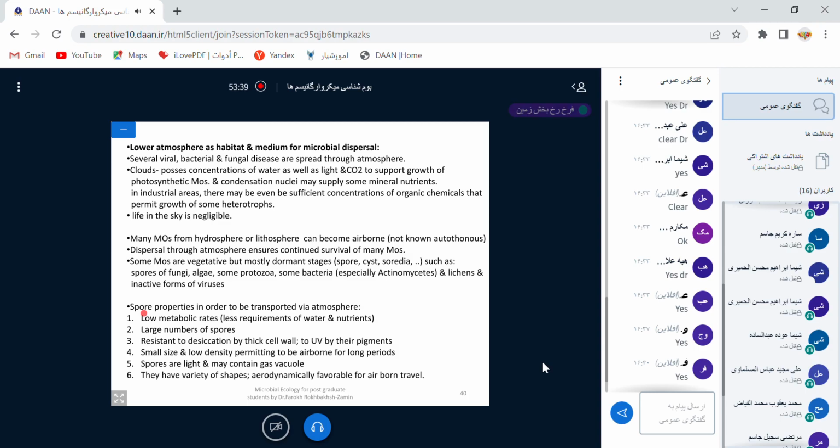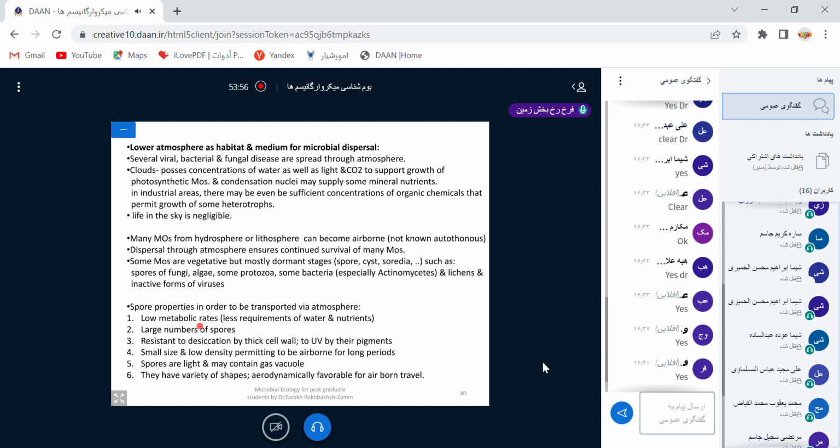And what are their properties which help them to be transported well in the atmosphere? One, low metabolic rates.